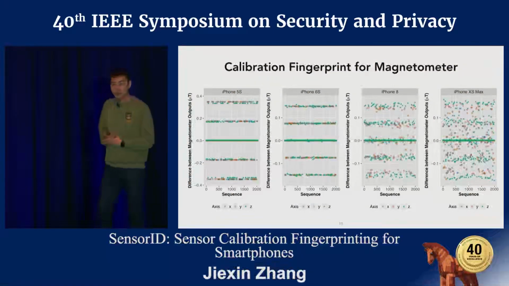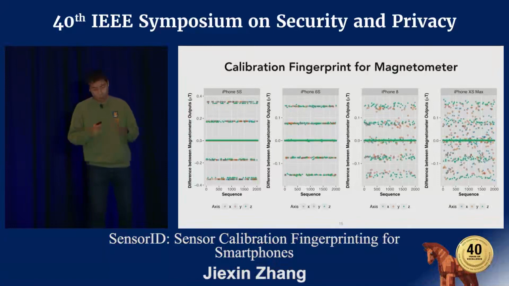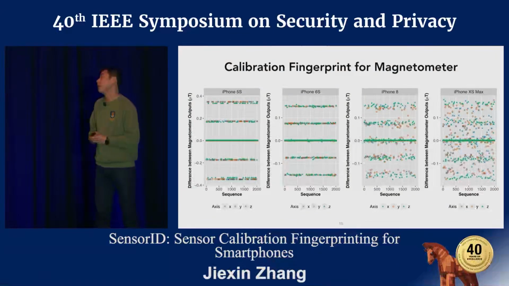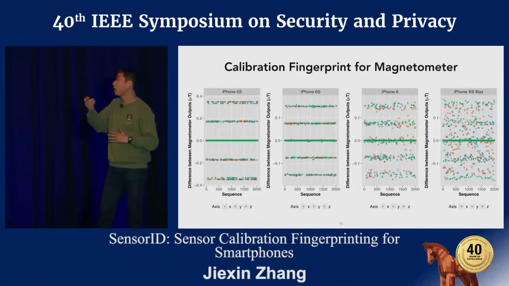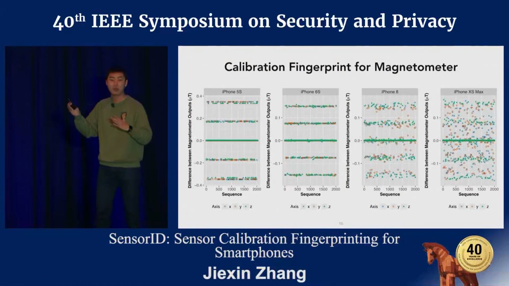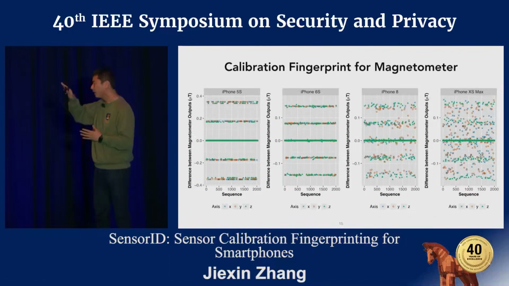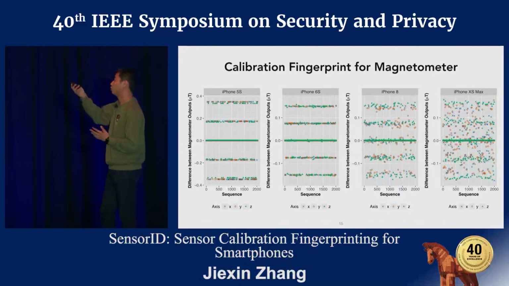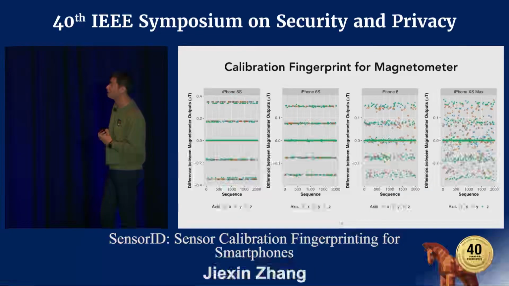Apart from the gyroscope, we found that the magnetometer in iOS devices is also factory calibrated. But different from the gyroscope, the calibration behavior in the magnetometer is more different across different device models. For example, you can clearly notice that there's stronger fluctuation in the iPhone XS Max than the one for the iPhone 5S.